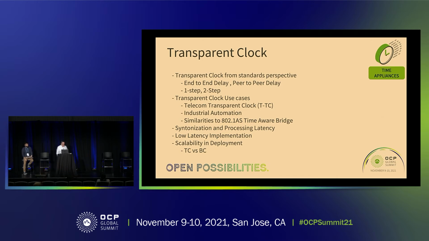The transparent clock is less well known, and what we want to cover today is some of the characteristics of the transparent clock and whether it's useful as a mode of deployment in a data center.